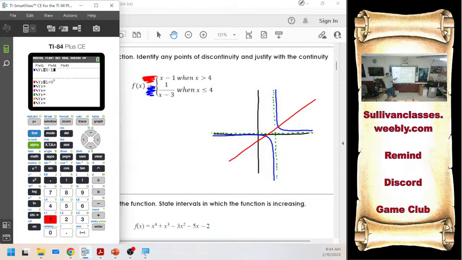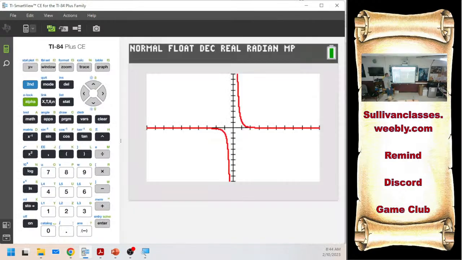Y is clear. X minus 1. Clear. 1 over x minus 3. Okay, graph. I suppose I had my colors backwards. Whatever.